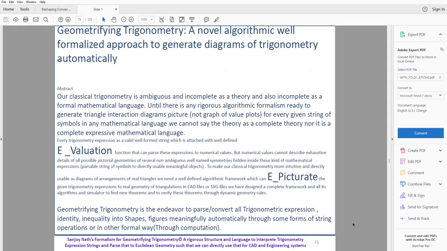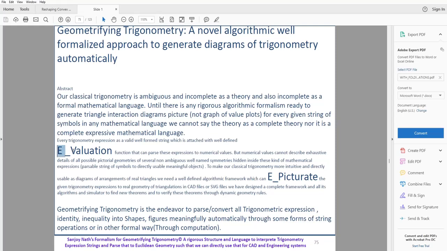Even equality has 6 types of options in Sanjoy Nath's geometrifying trigonometry, so that you know which one to take for what condition. Otherwise you are going to live inside a whole world of ambiguity.